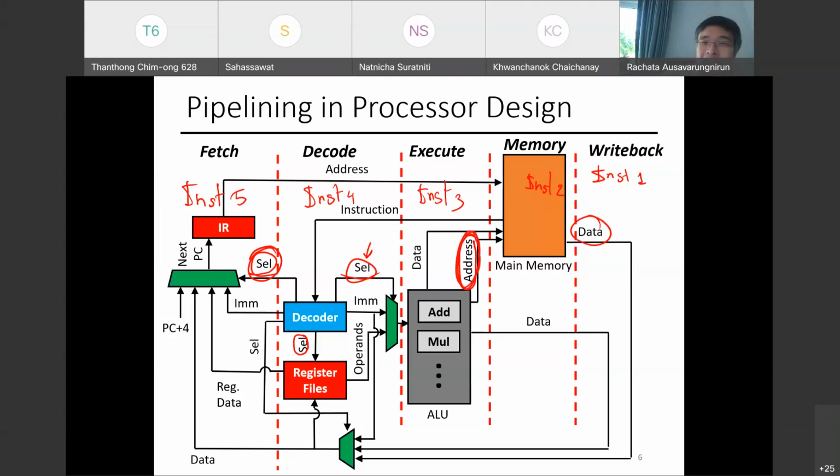The data showing up here is from which instruction? Or which instruction is right now processing things in the memory? Well, if you think about this point, instruction 2. If you think about this point, instruction 1, right?